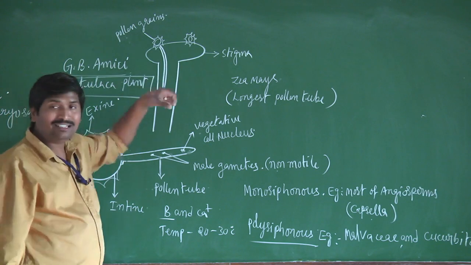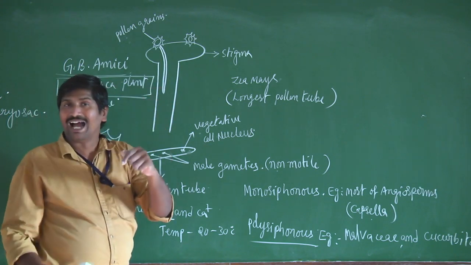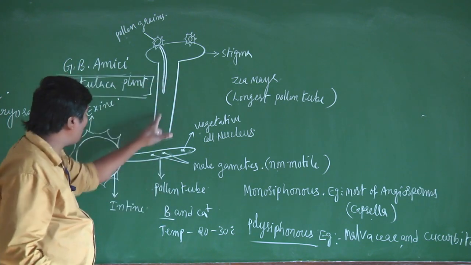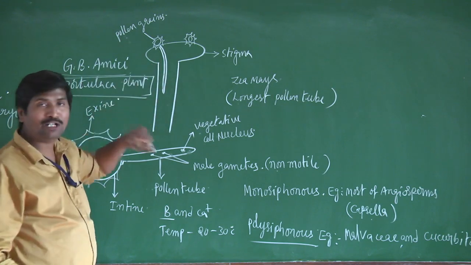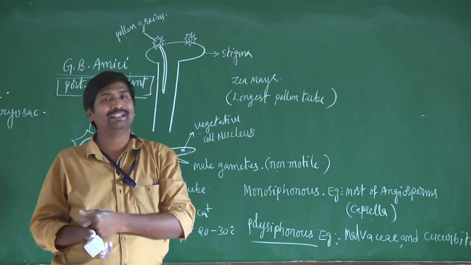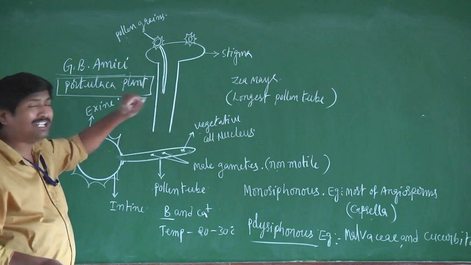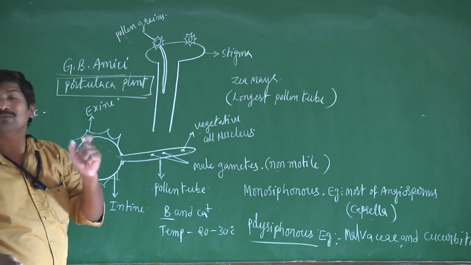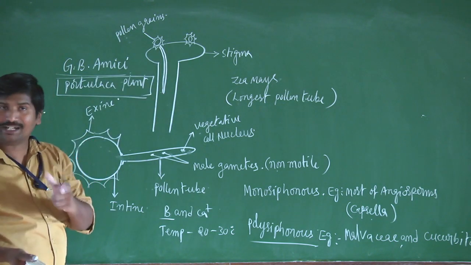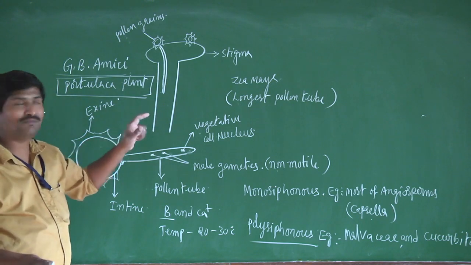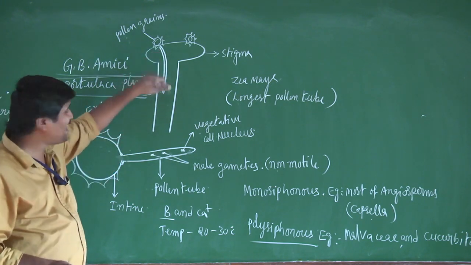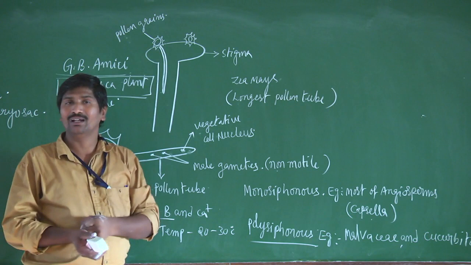The stigma and style tissue is damaged, creating a pathway for the pollen tube to enter the ovary. These enzymes help the pollen tube easily enter the ovary.